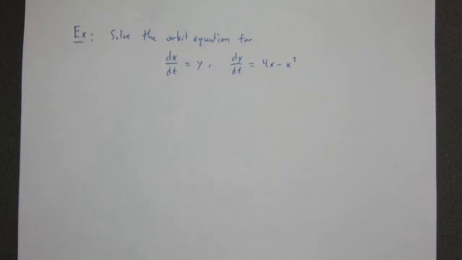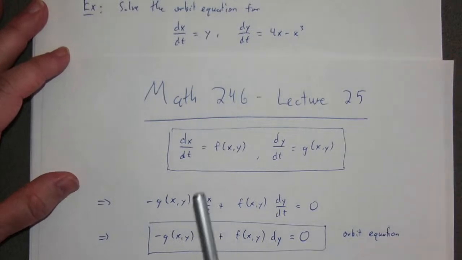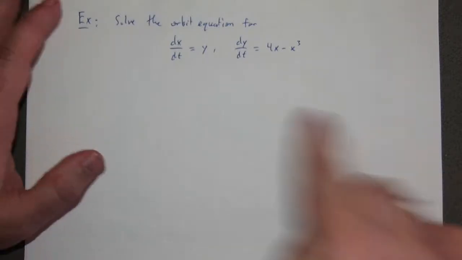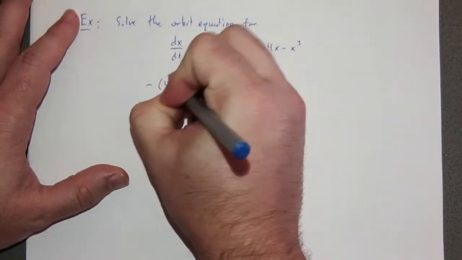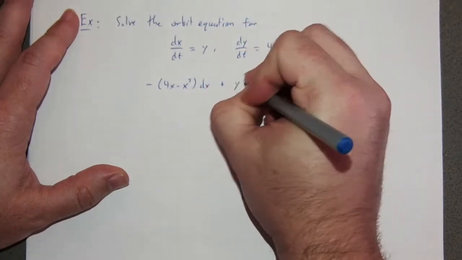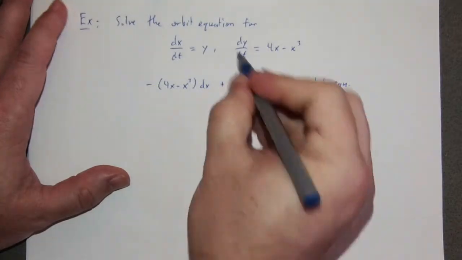So I want to solve the orbit equation for this thing. What is the orbit equation? Just going back, if what I have is dx/dt is f, dy/dt is g, the orbit equation is minus g dx plus f dy. So then this is minus (4x minus x cubed) dx plus y dy is equal to 0. So this is the orbit equation for that system.